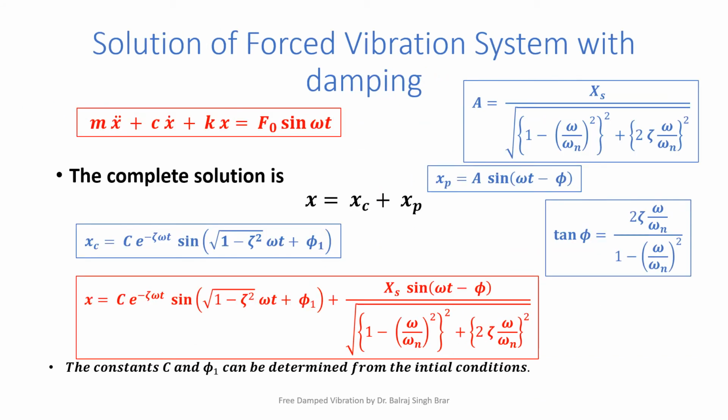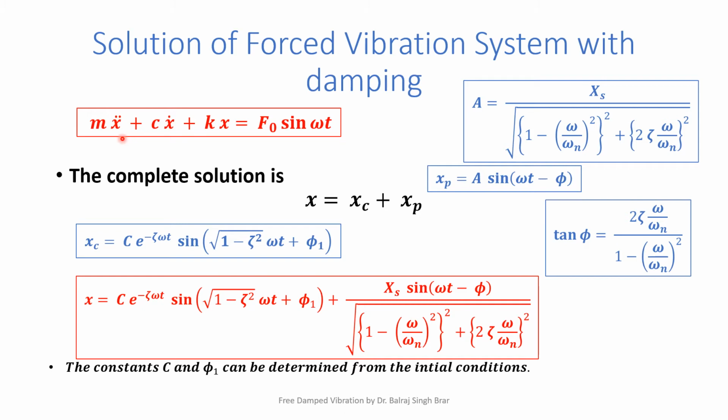So we know the differential equation m x double dot plus c x dot plus k x is F naught sine omega t. Then its solution is x, which is equal to the complementary solution xc plus the particular solution xp. Now what we derived is xp. The complementary solution is obtained when you take the right-hand term F naught sine omega t as zero.